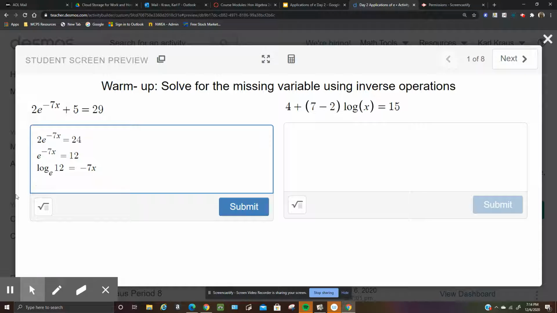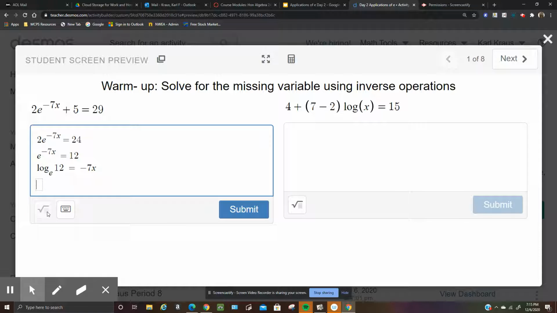Go to the equation under here: natural log of 12 equals negative 7x. And now I'm going to use a semicolon here to ask them to divide by negative 7.